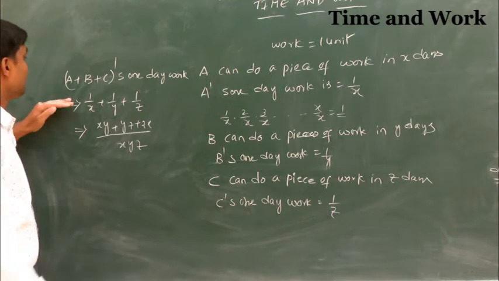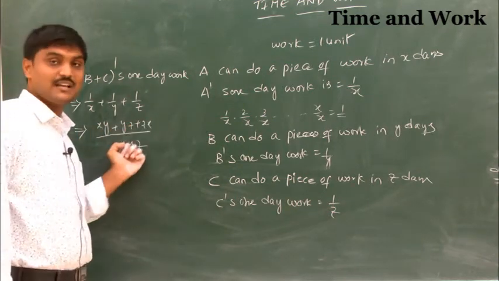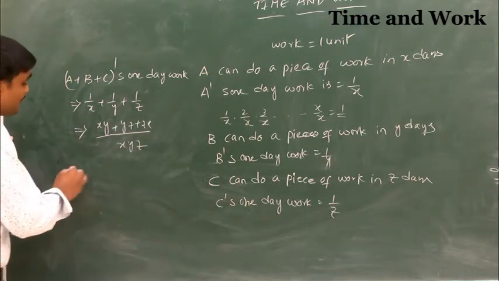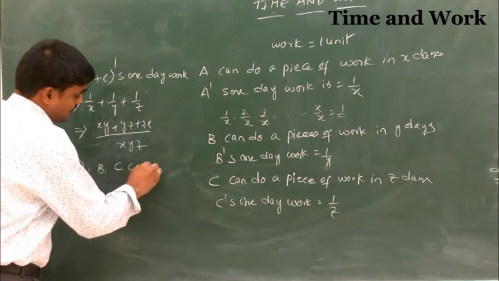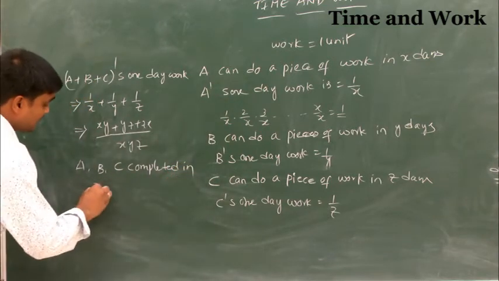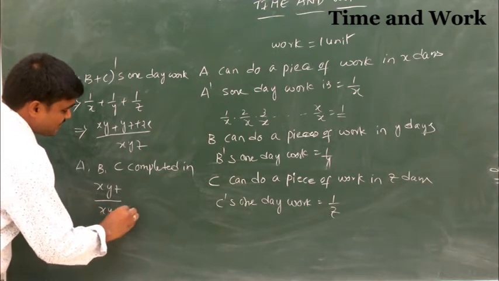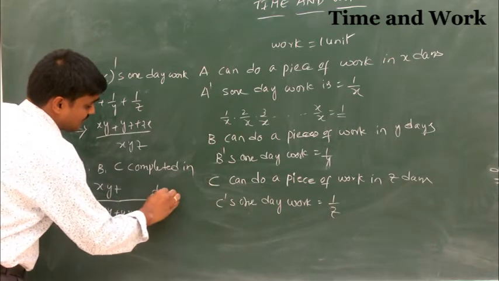That means ABC's one day work is XY plus YZ plus ZX by XYZ part of the work will be completed in 1 day. So ABC completed in XYZ by XY plus YZ plus ZX days.